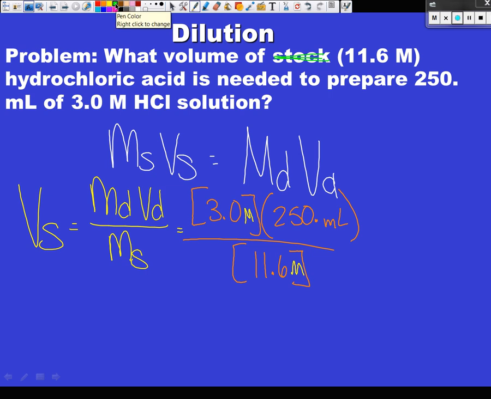So, as far as units go, what happens? The molarity cancels, leaving me with what? If I had converted it to liters, would it make any difference? Not at all. So my question is, if your units cancel, does it really matter? Sure doesn't. If it makes you feel better, you are absolutely welcome to convert it to liters.